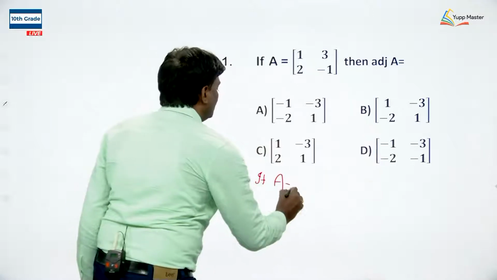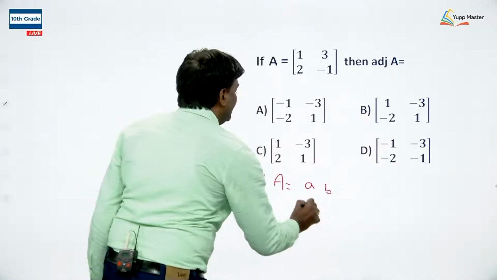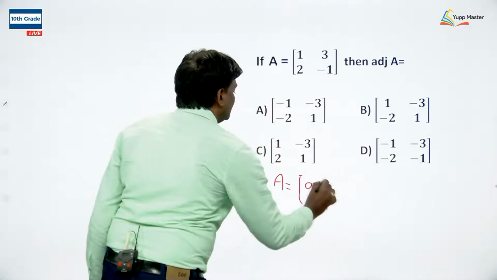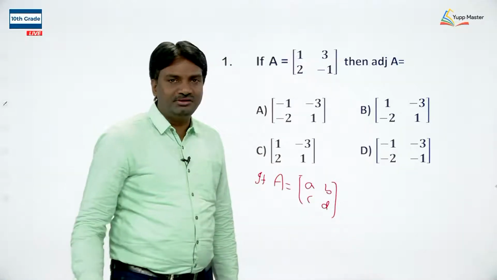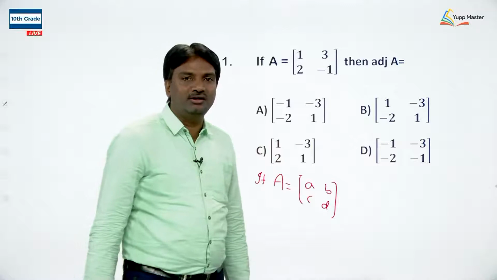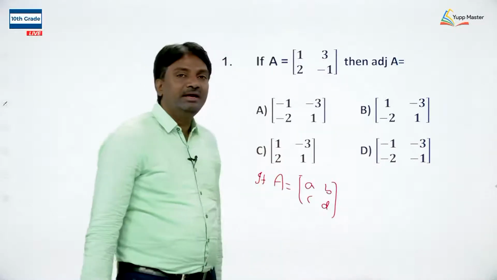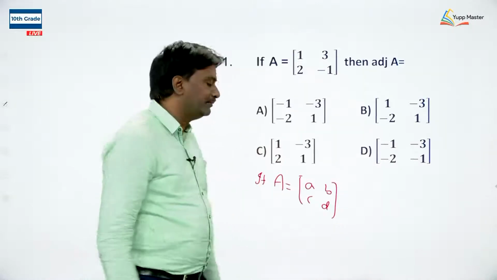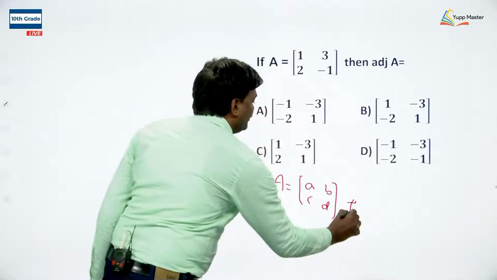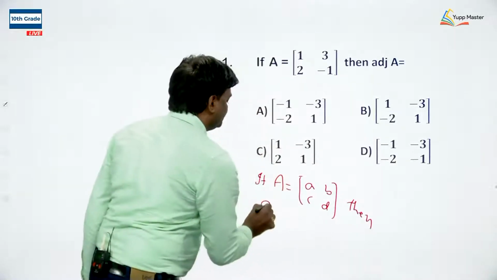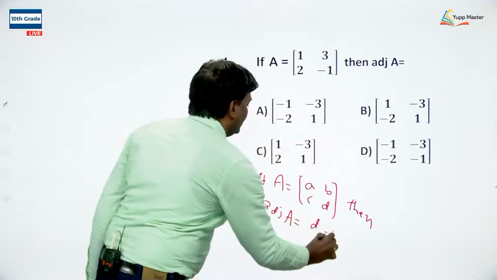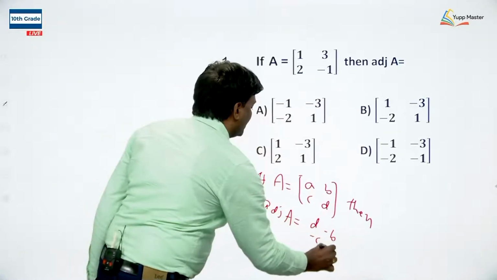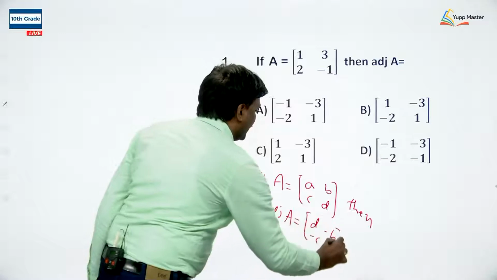If A equals [a, b; c, d], a 2 cross 2 matrix, then to find the adjoint of the matrix, the formula is: adjoint of A equals [d, -b; -c, a].